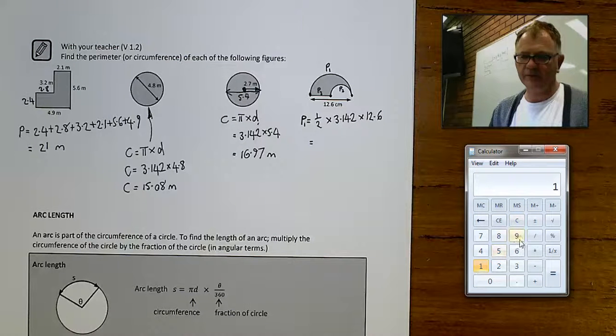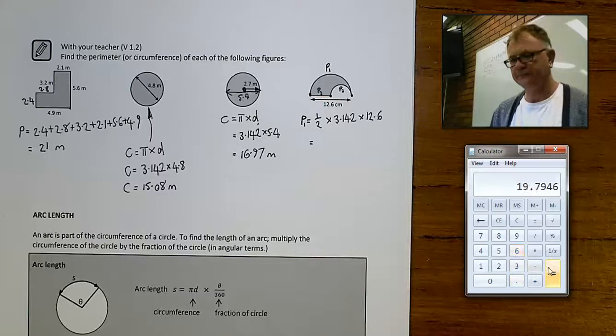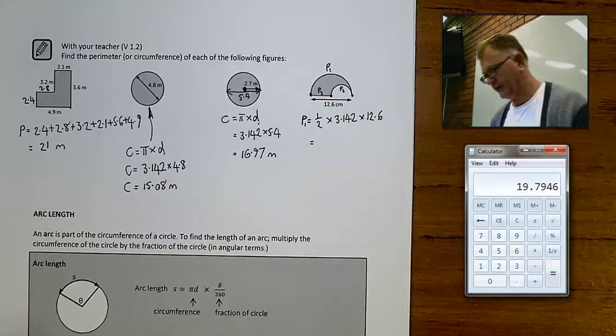Half, 1 divided by 2, times 3.142 times 12.6. 19.79 for that piece.